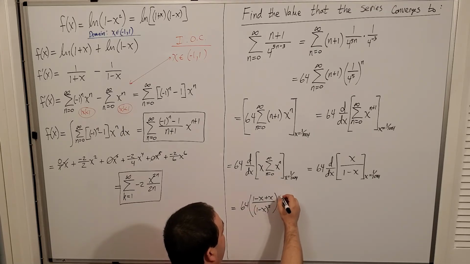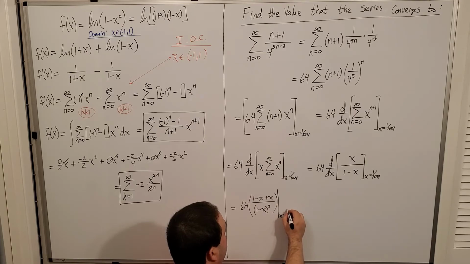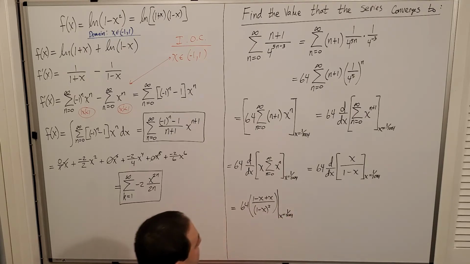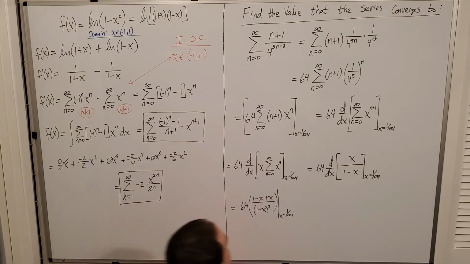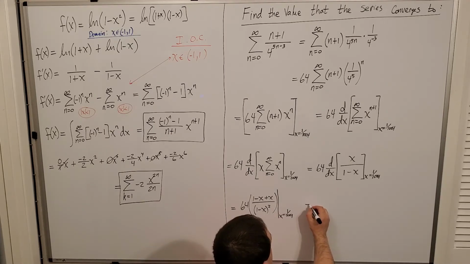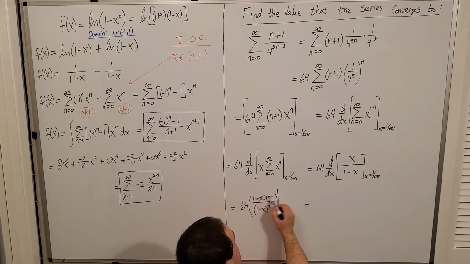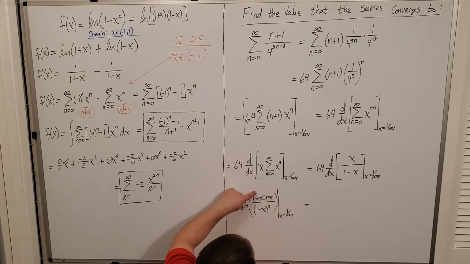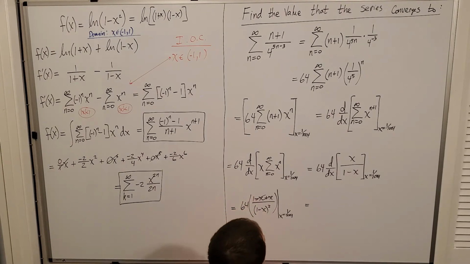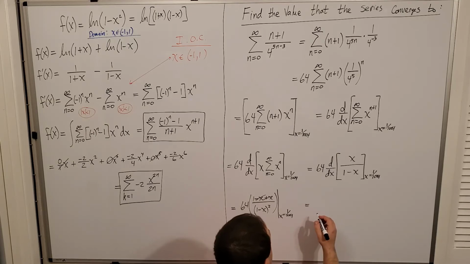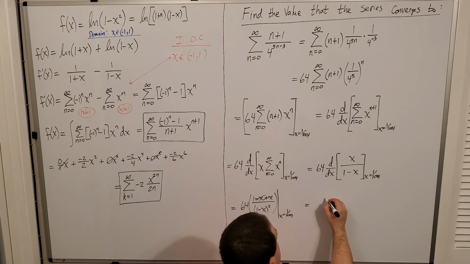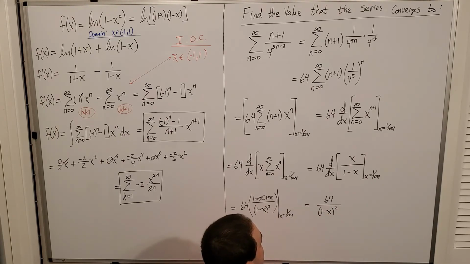Okay, evaluated at x is equal to 1 over 1024. We're almost there. Notice in the numerator, minus x plus x is gone. So I have 1 over 1 minus x squared. Okay? So altogether, this is 64 over 1 minus x quantity squared, like that.